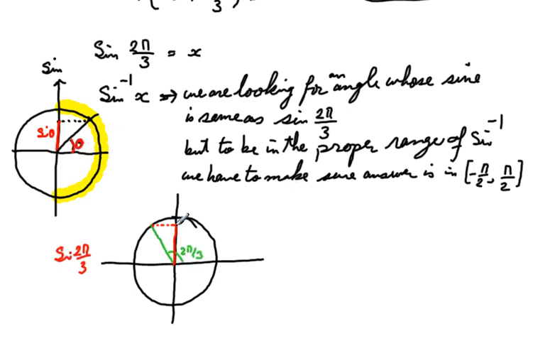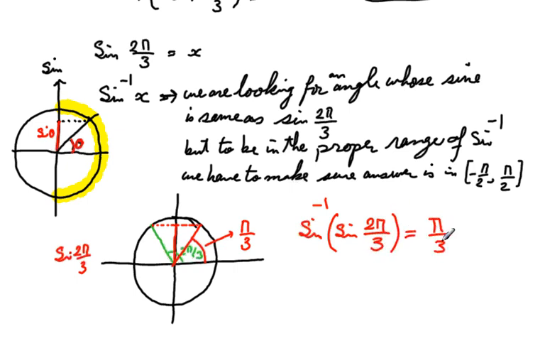So what do I do? Simple trick. Just go in either of these two quadrants and ask yourself, well, what is this angle? If this is 2 pi third, this is 60 degrees or pi third. So sine inverse of sine of 2 pi third is just pi third.